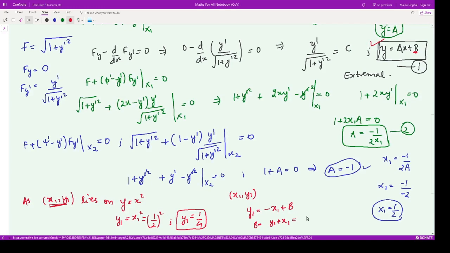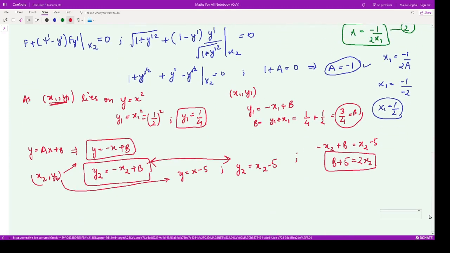What is y1? y1 is 1/4 plus y2 is 1/2. So b would be 3/4. So this is b. From here we get our extremal as y = -x + 3/4. This is our extremal.